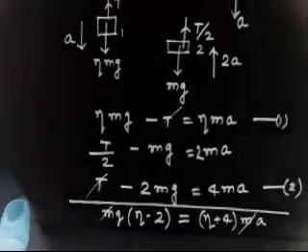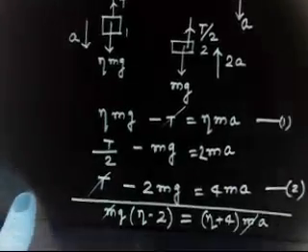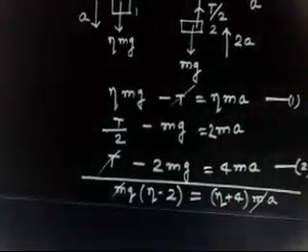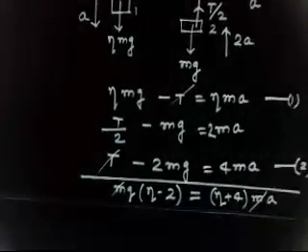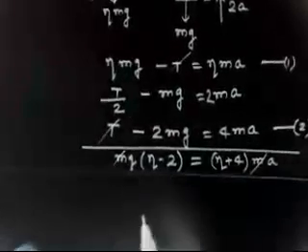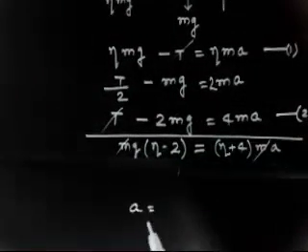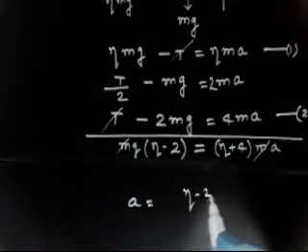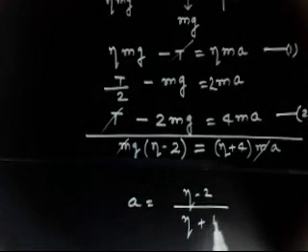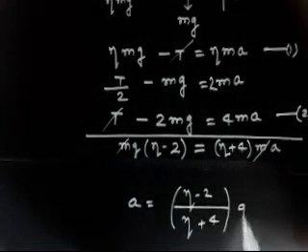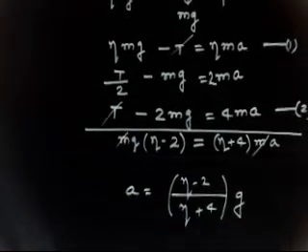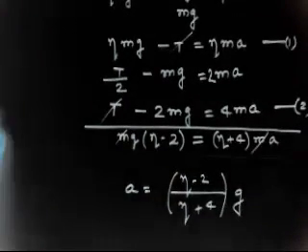Let us copy this one and then we'll discuss next. So for acceleration we now have the expression: acceleration will be eta minus 2 divided by eta plus 4, m goes out, into g. So this is the acceleration. I think you have copied this one, please copy.